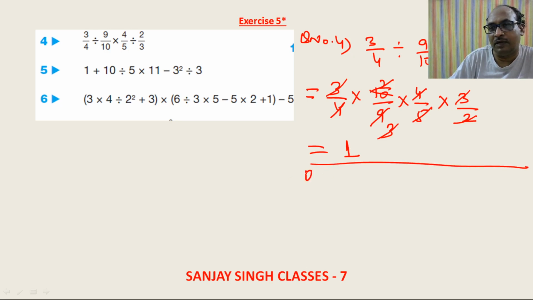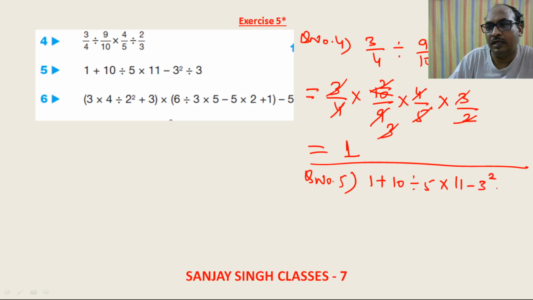Now question number 5. So it is 1 plus 10 divided by 5 into 11 minus 3 square divided by 3. Okay, right.